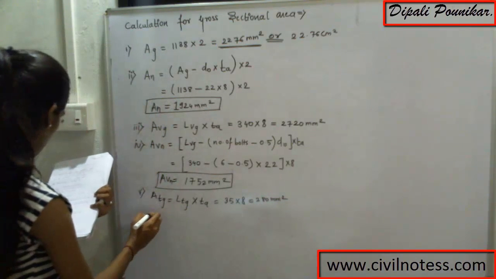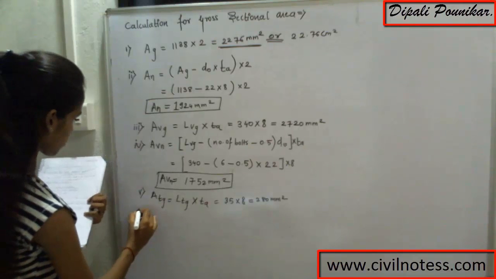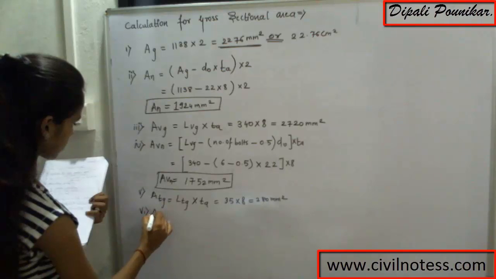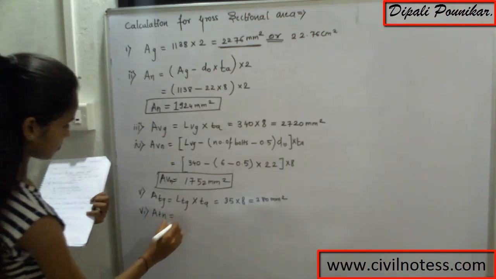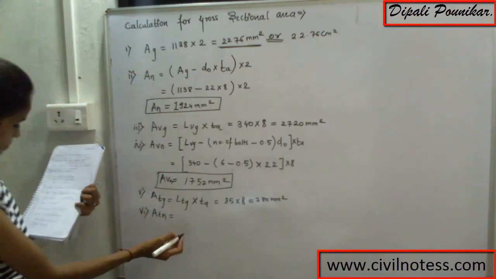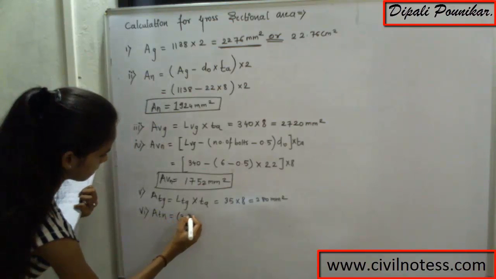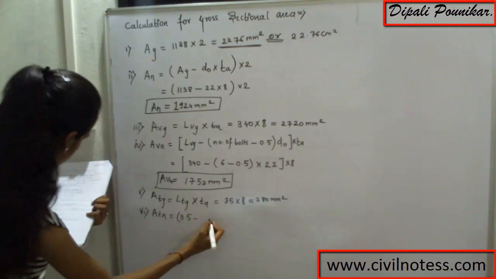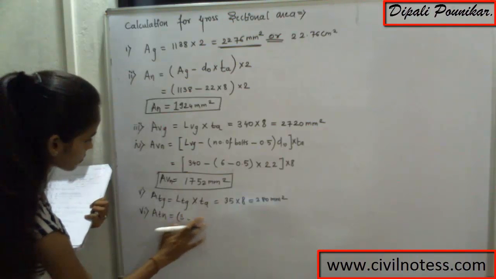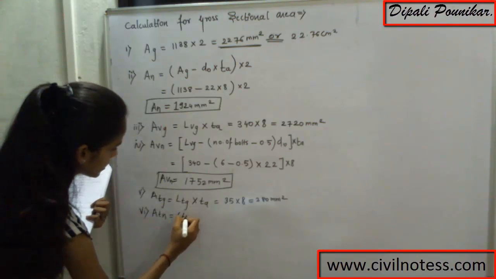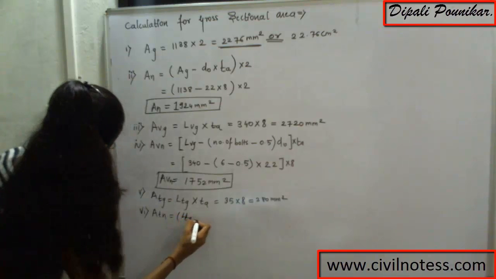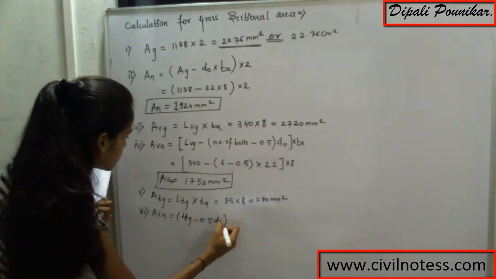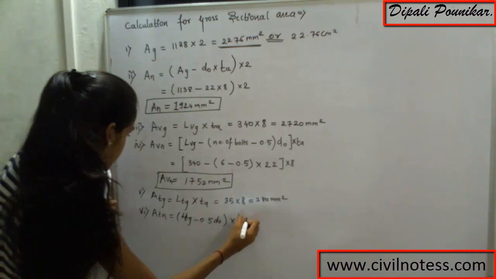After that, we have to calculate the value of ATM, that is LTG minus 0.5 D0 into TA.